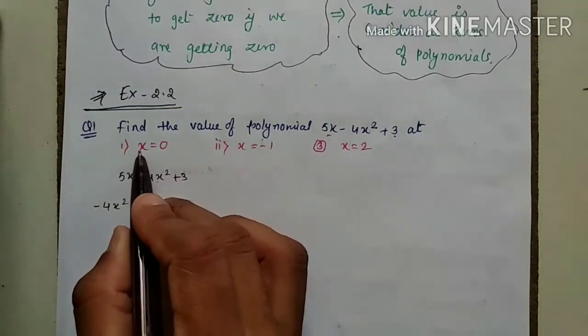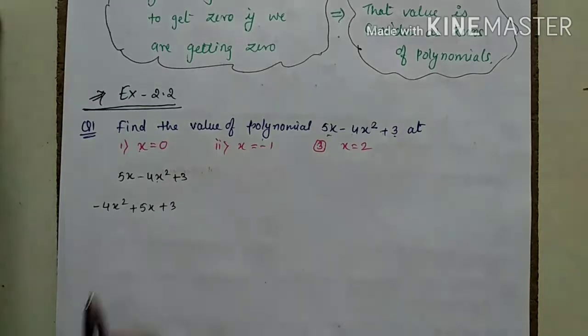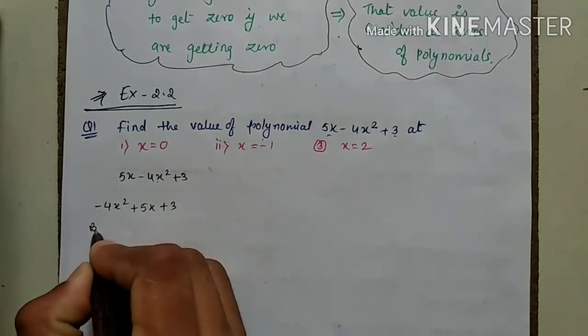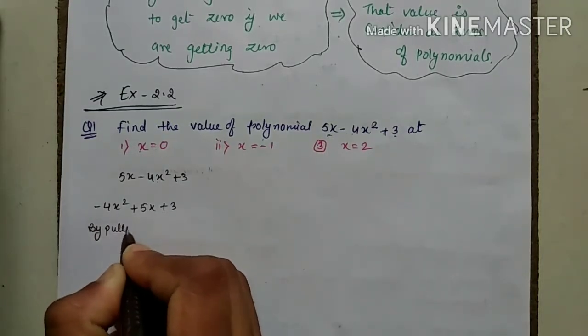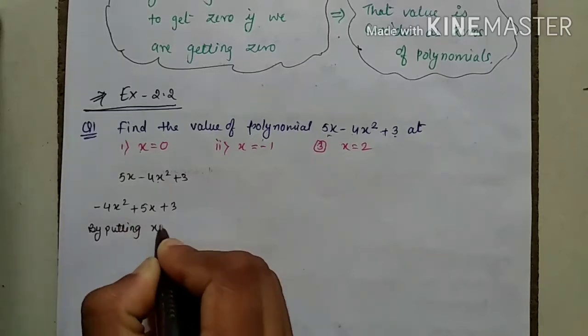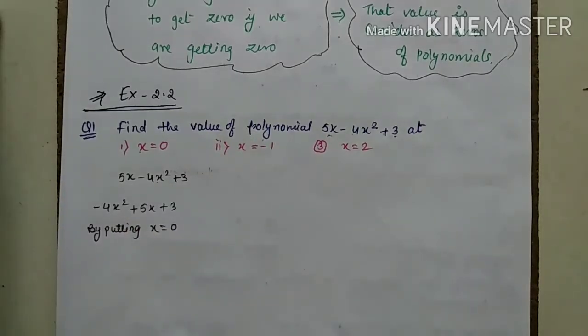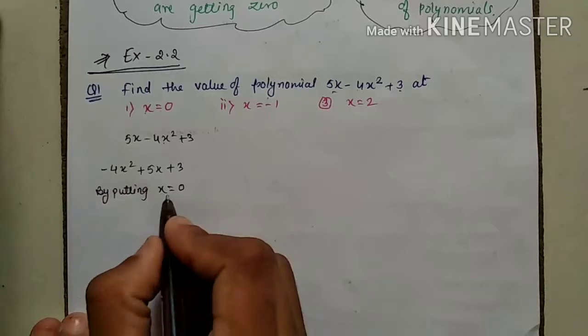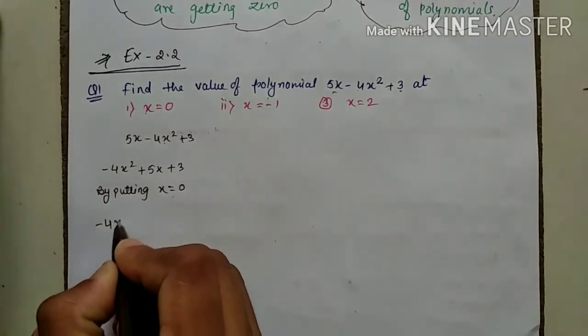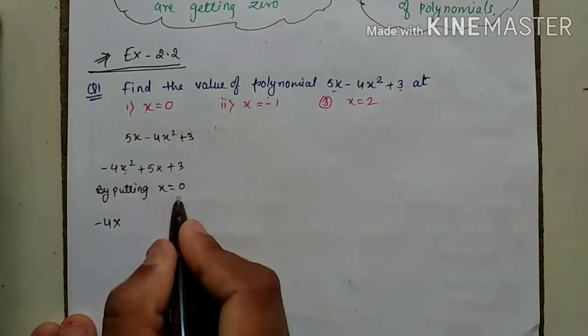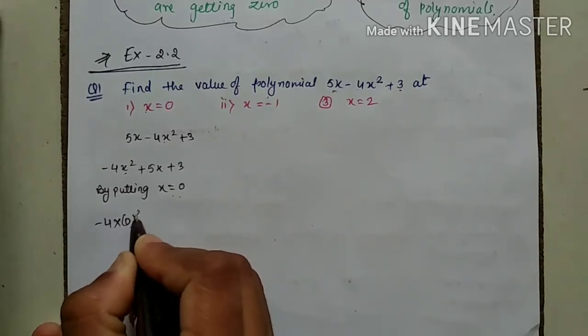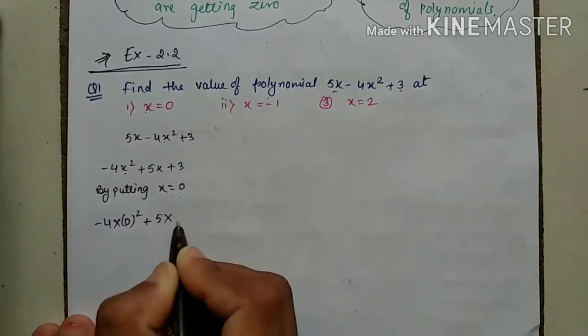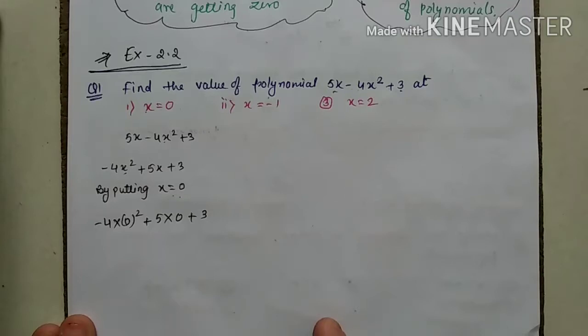Now you have to put the value x equals 0. Put x equals 0. In the place of x, what do I have to put? 0. So minus 4 into 0 square plus 5 into 0 plus 3.